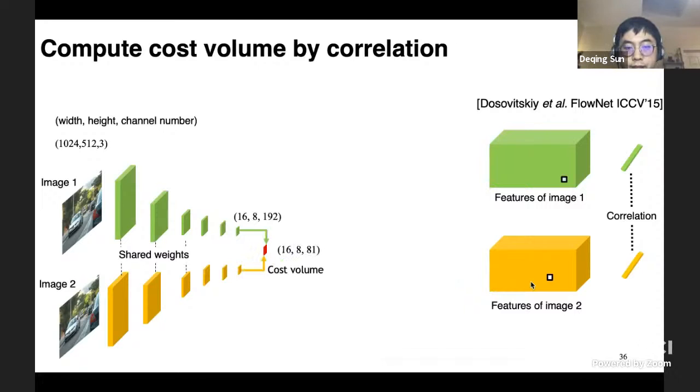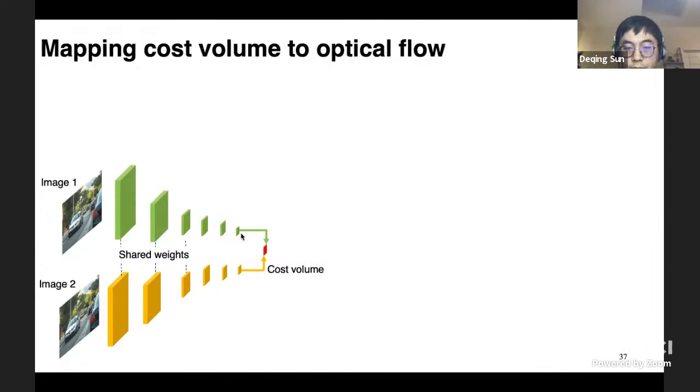And then given this cost volume, we can use the network because the spatial size is relatively small. So the computation and the memory cost are both small at a small pyramid level. And then we can map the cost volume to optical flow using a neural network.